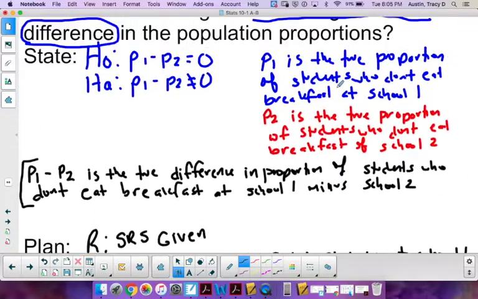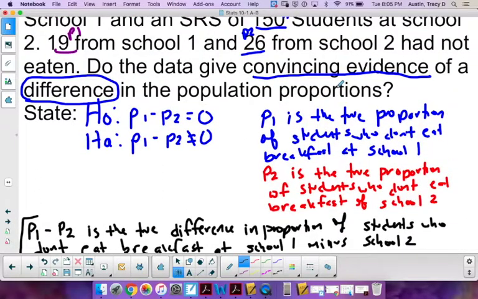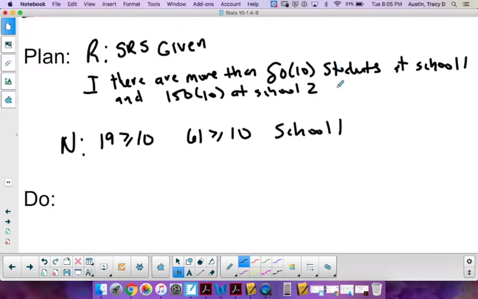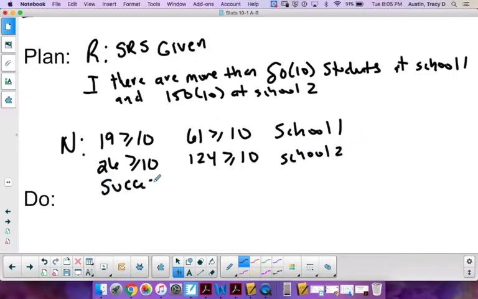And then at school 2, 26 out of 150. So 26 greater than or equal to 10. That should be 124 greater than or equal to 10. And that's school 2. I'm going to state that that is my success and that is my failure. So we are approximately normal. So we're good. Greater than 10 successes and failures for each one.